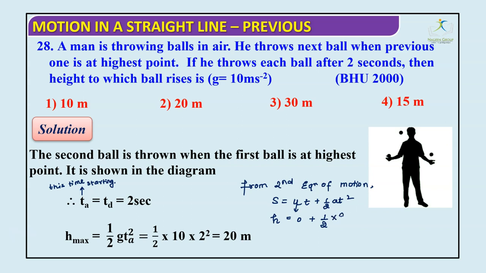So for that case, g must be positive and we take t square. So again we reach h max is equal to half gt square. Hope you understand. So we just put in the values, g is already given as 10, and t is 2 seconds for each interval. From here we get the value of 20 meter, and in the options it's clearly given, 20 meter is option 2.